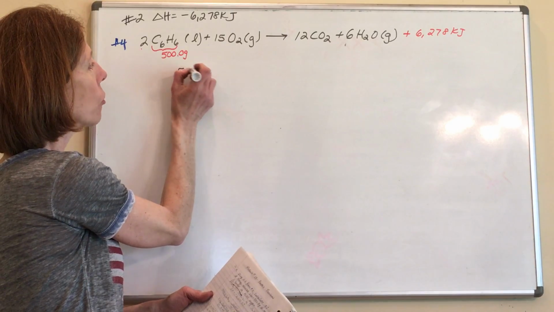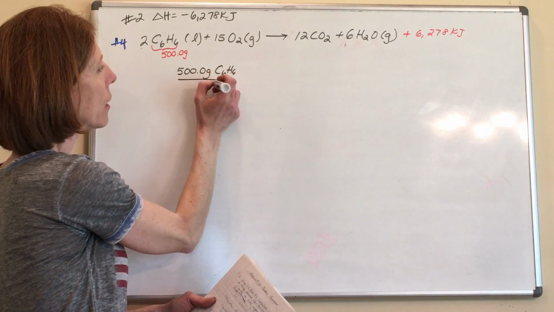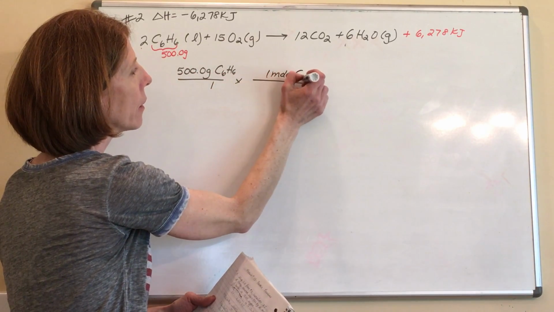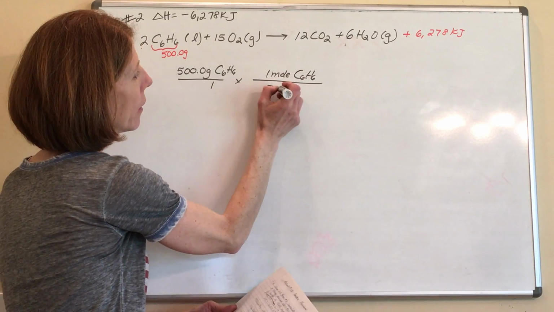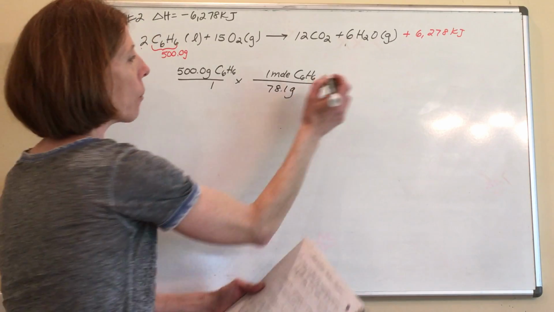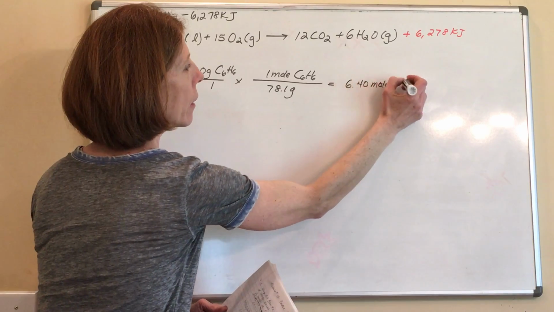If I have 500.0 grams of C6H6, which is benzene, for every 1 mole of benzene I have 78.1 grams. When I do this math, we have 6.40 moles of benzene.